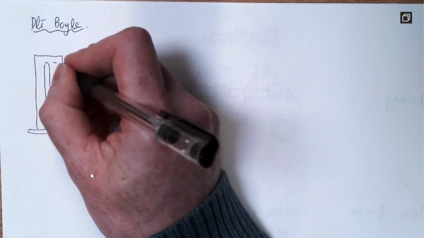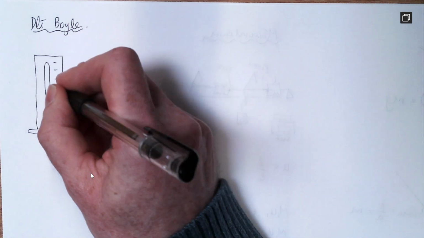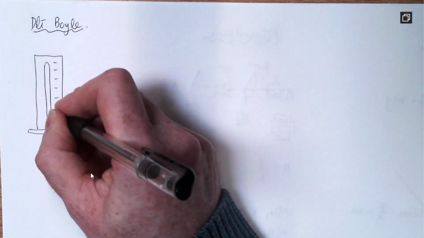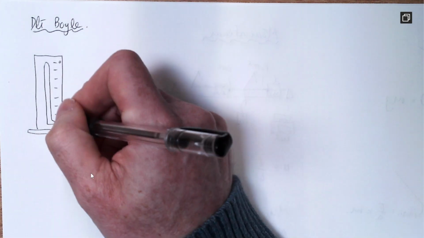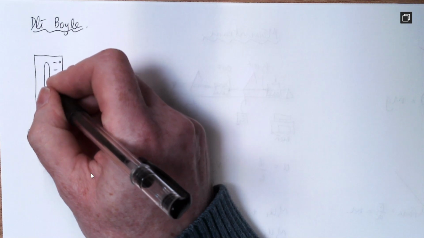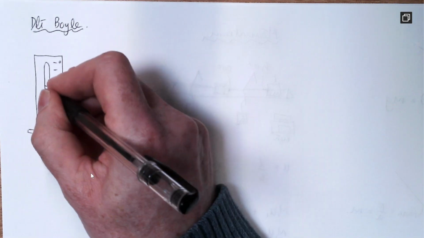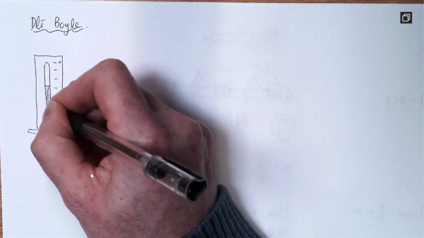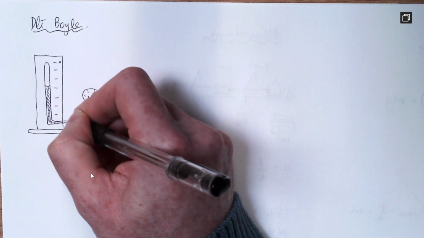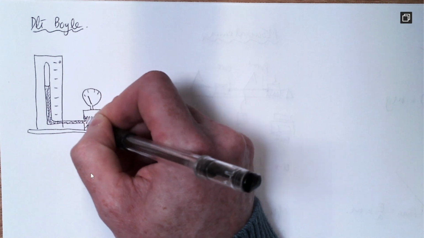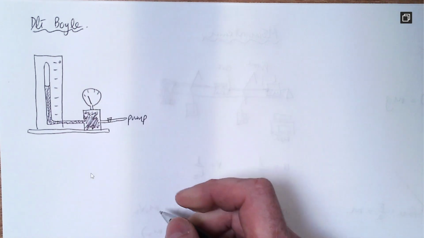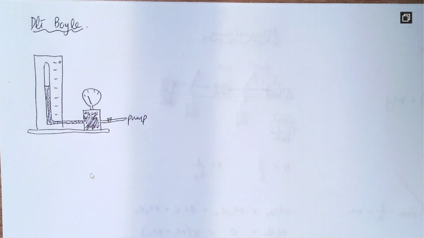The scale starts at zero at the top. Then the pump against the pressure gauge.